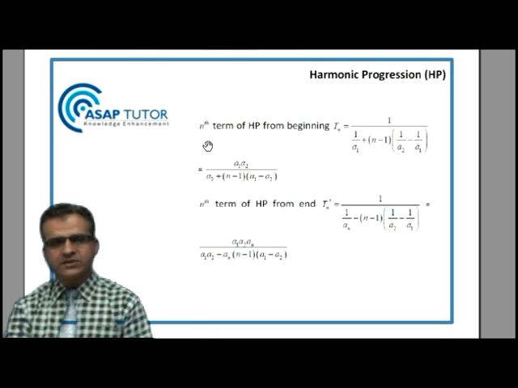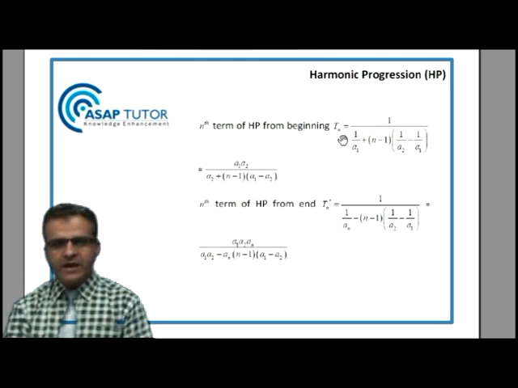Now to find the nth term of the HP from the beginning, we use the formula Tn is equal to 1 over 1 by a1 plus n minus 1 into 1 by a2 minus 1 by a1.